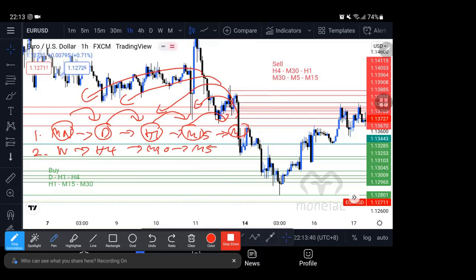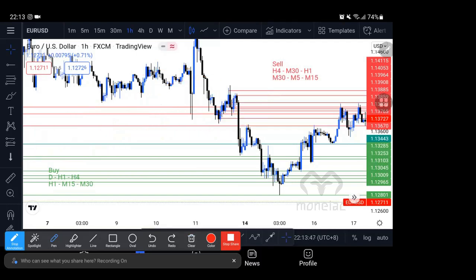Okay, for the international, your friend has been asking how to know where our entry will stop. Let's say we are taking buy over here. How to know where the buy will stop and how to take entry?